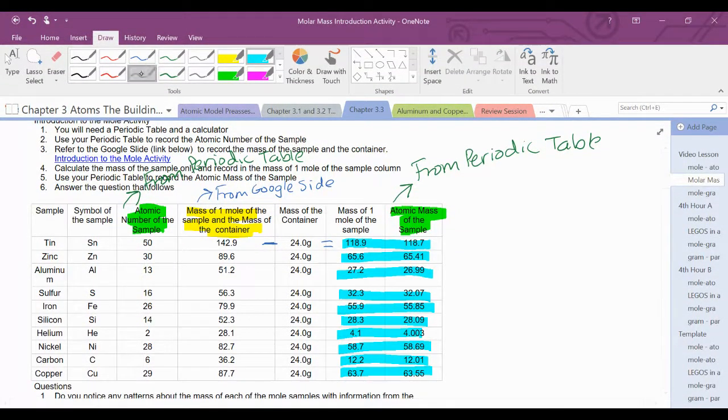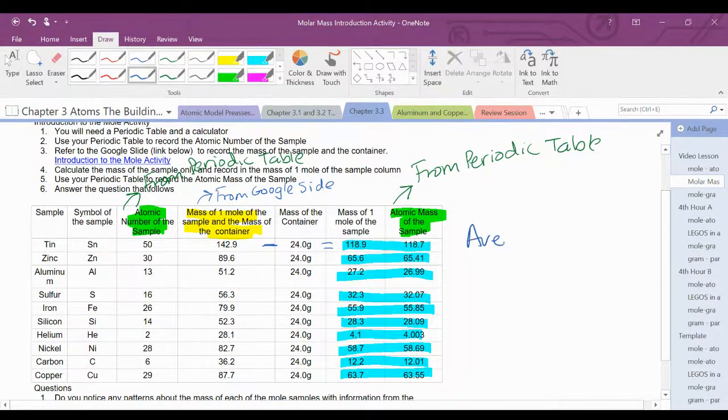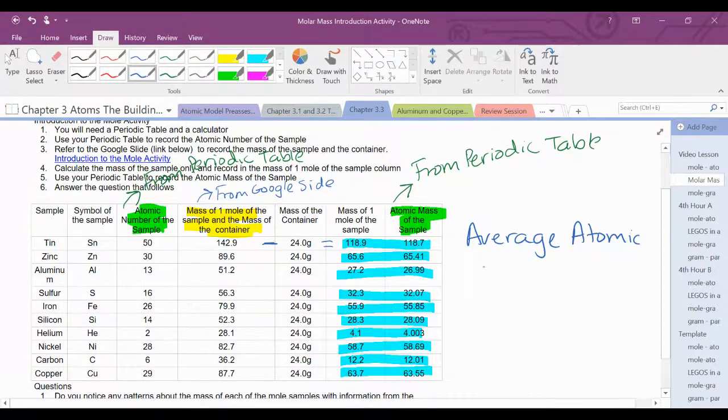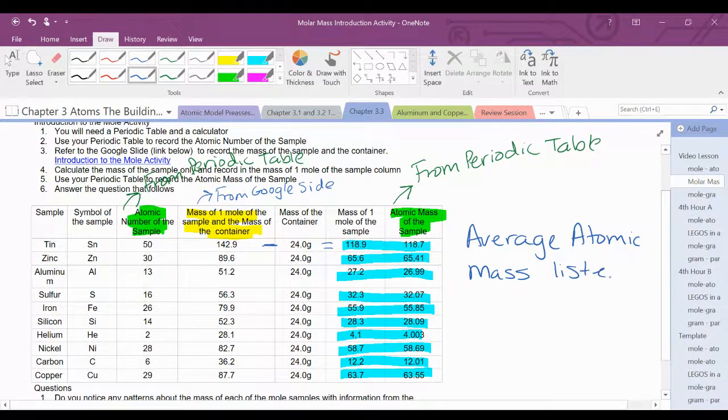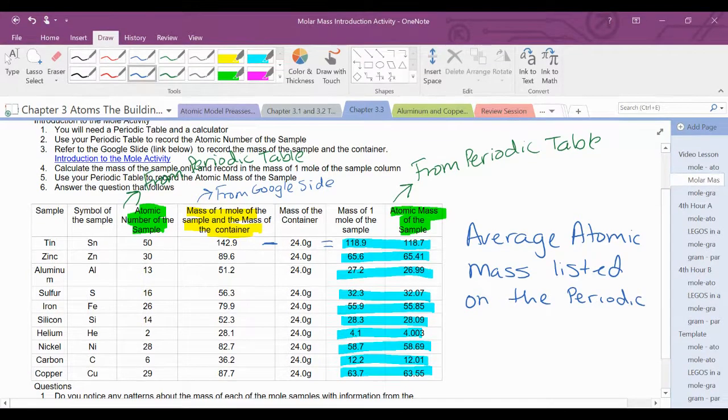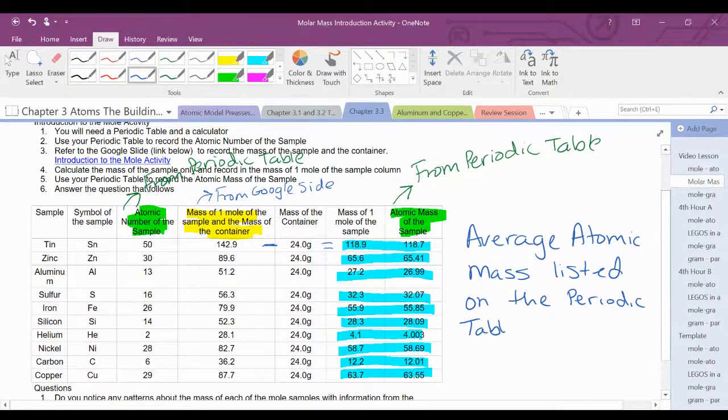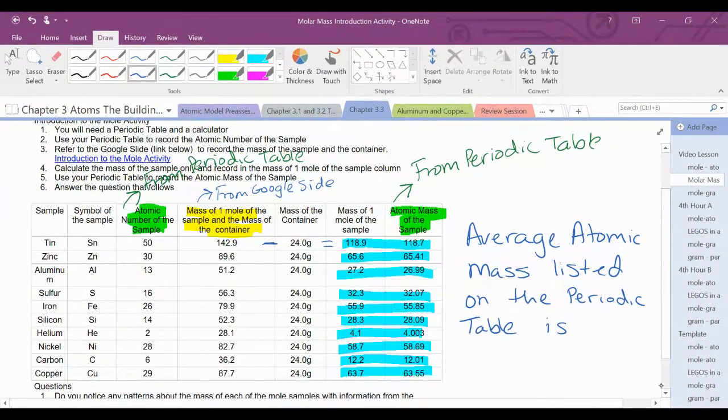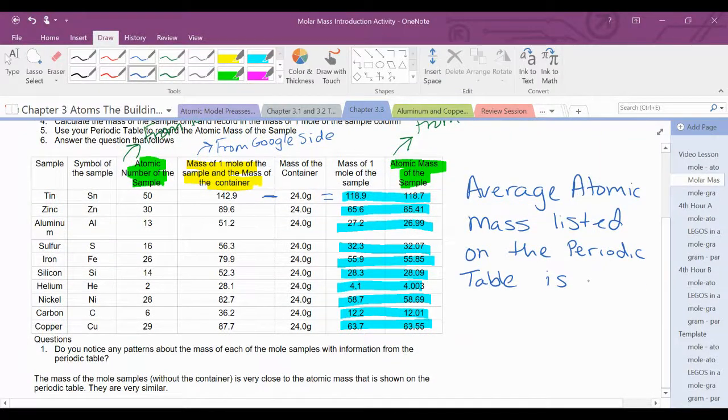And so what you were supposed to get from this activity is that the average atomic mass listed on the periodic table is equal to the molar mass.